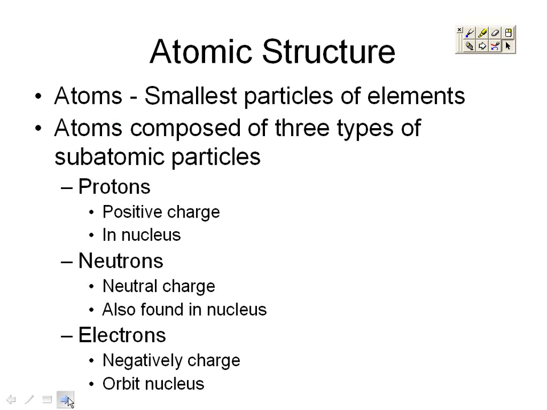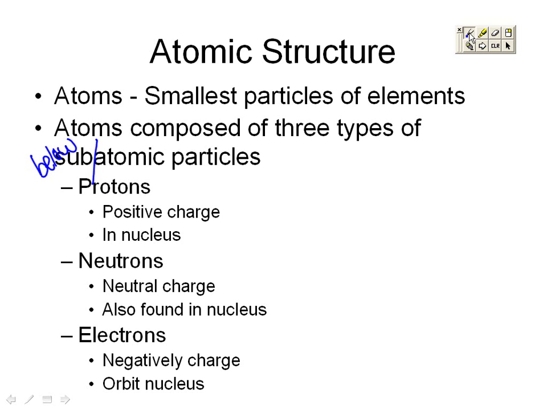The basic structure of any element is going to be composed of 3 what we call subatomic particles, where sub refers to below, so we mean below an atom or smaller than an atom. 3 components to an atom. We have a proton, which is positively charged, located in the nucleus of an atom.